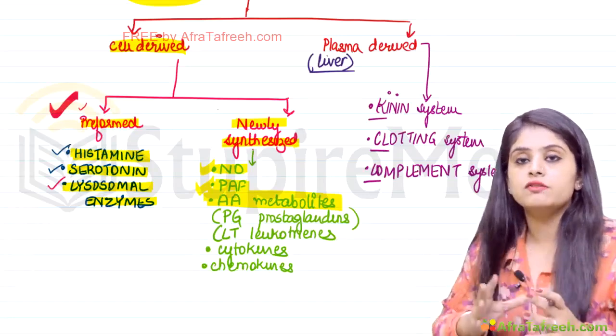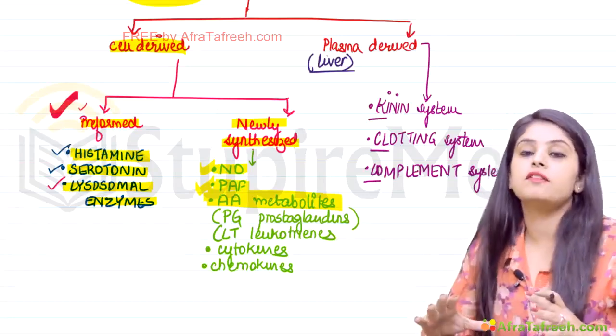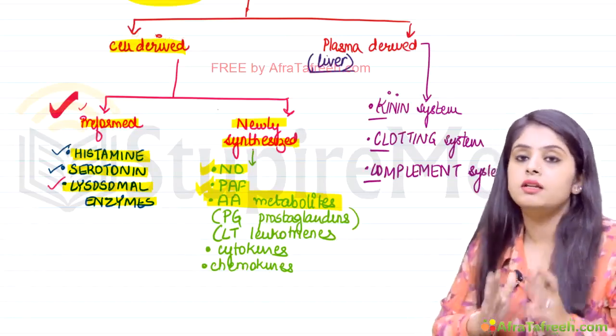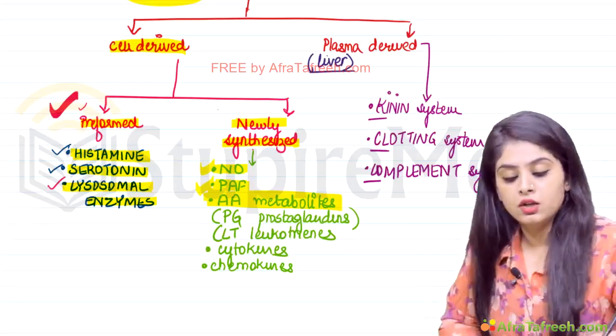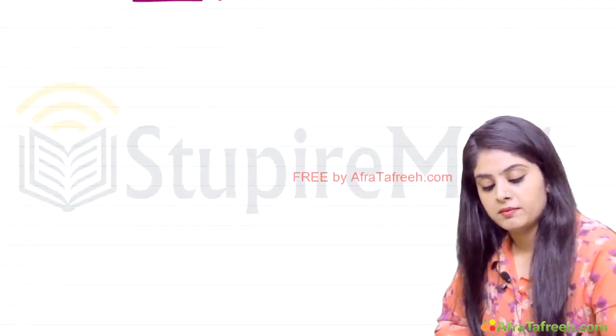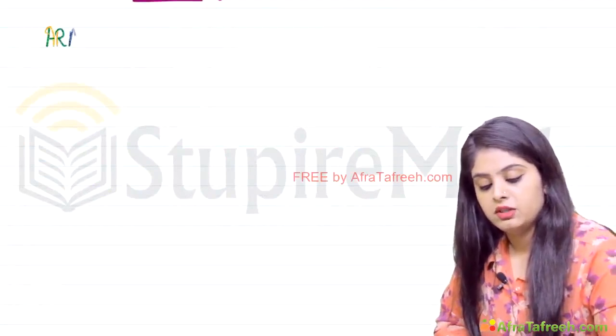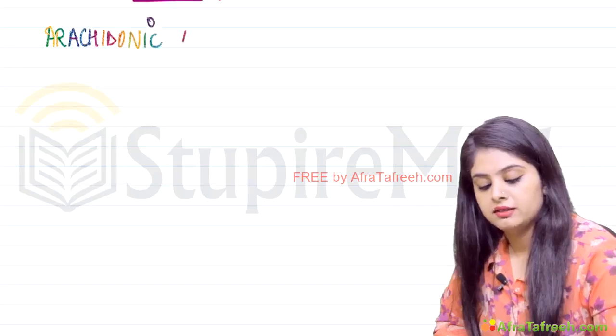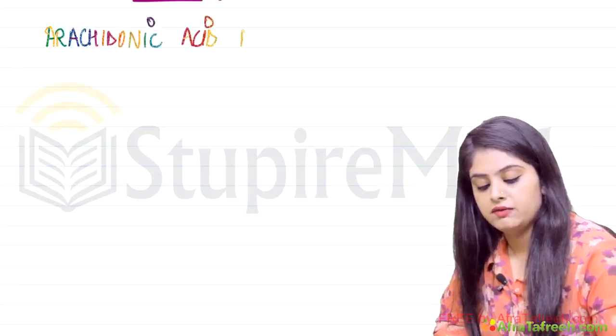So let's finish off the pathological and the pharmacological aspect clubbed in one particular flowchart. So beginning with arachidonic acid metabolites. The first thing you need to know, what is this arachidonic acid? And then later on we will discuss what are the metabolites.